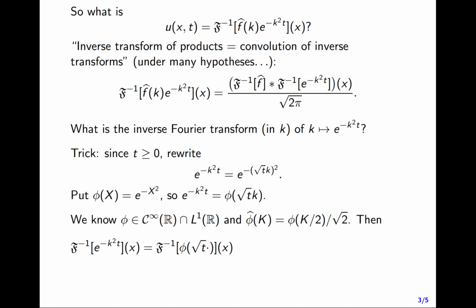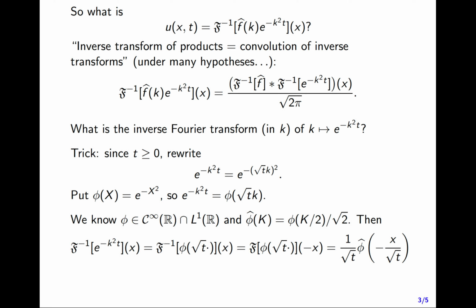That's what phi of root t dot means. And the inverse Fourier transform, I can also write that as a Fourier transform. So this is the Fourier transform of phi scaled on the inside by root t at minus x. You can go from the inverse transform to the regular transform by changing x to minus x.